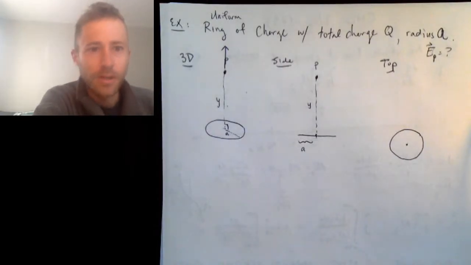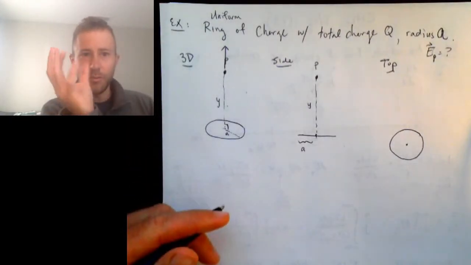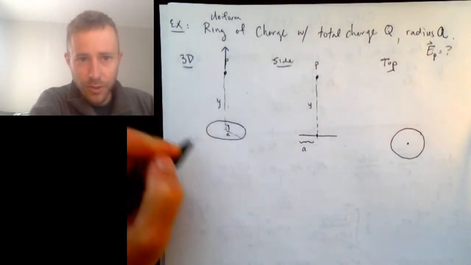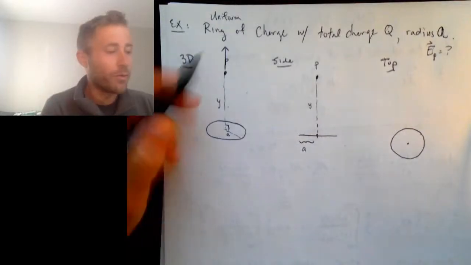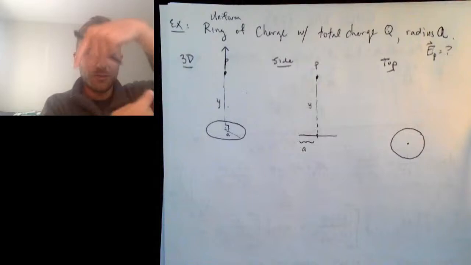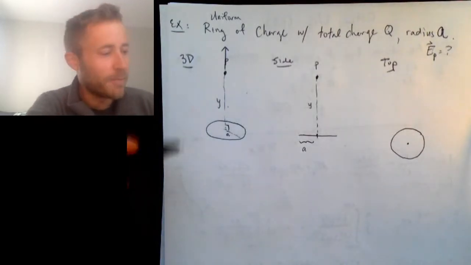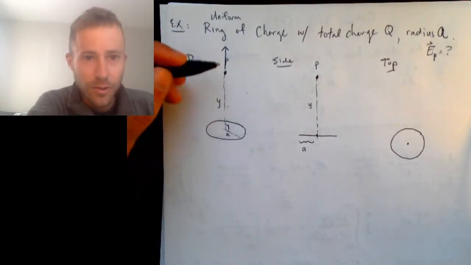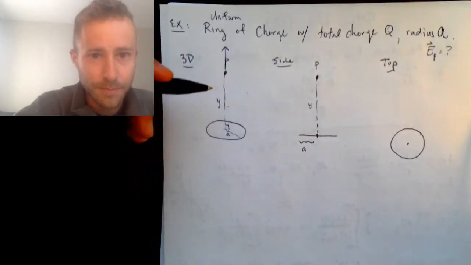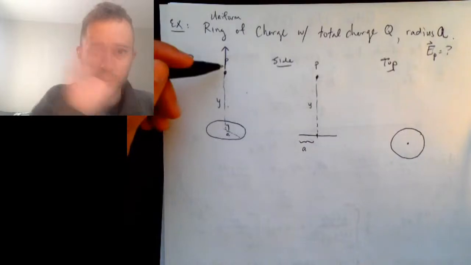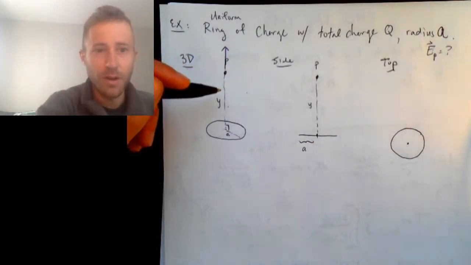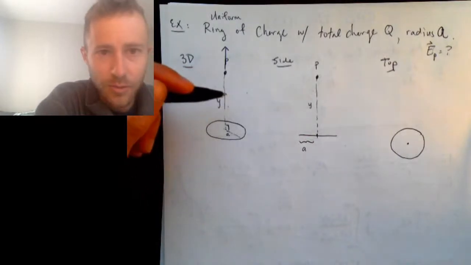Because if we take this ring of charge and we rotate it, that does absolutely nothing to the charge distribution, because it's a uniform ring of charge, and so you're rotating it, and it's still a uniform ring of charge. So if we rotate it, we can't have the electric field change. That means it has to point along the axis of symmetry.